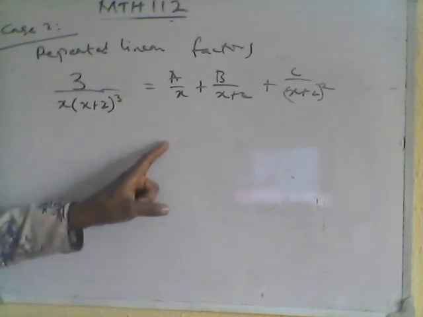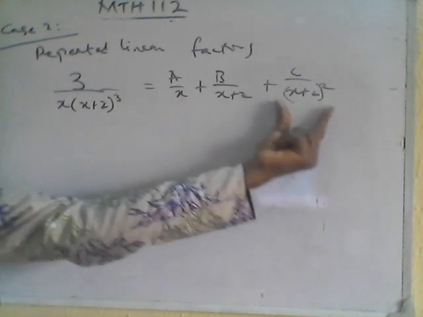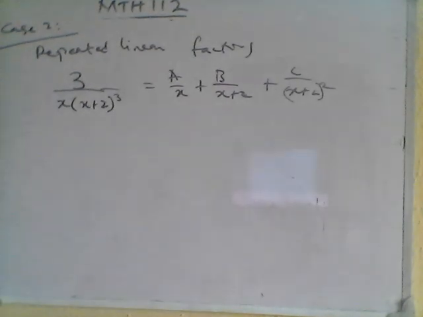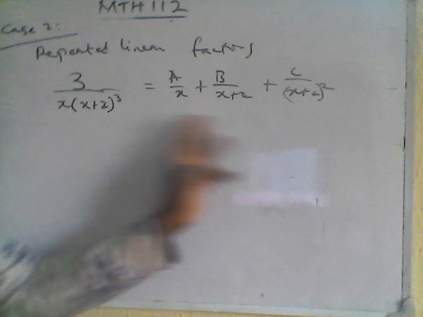By the time you split it out like this, you can integrate each of these fractions and get the answer. So each term is easier to integrate when you can split the function like this.